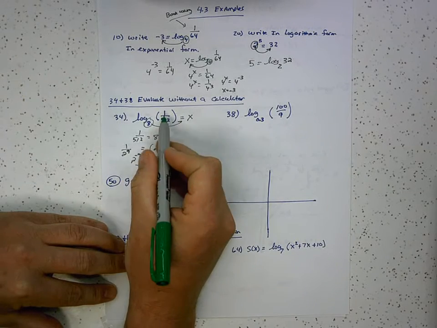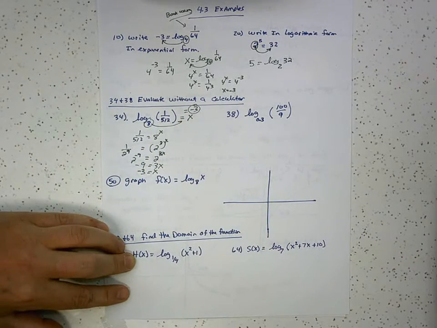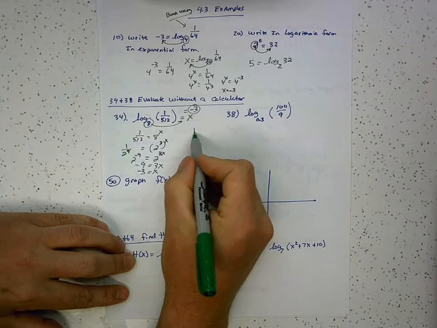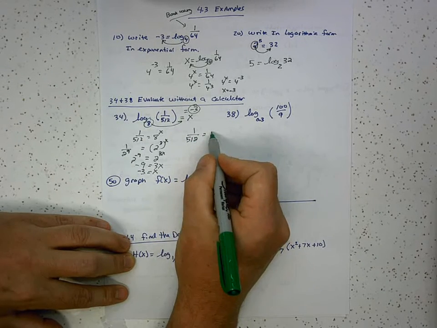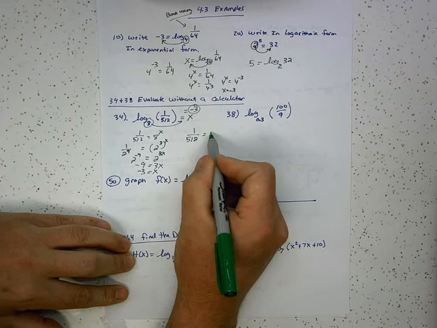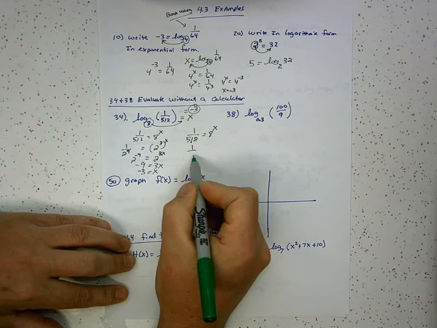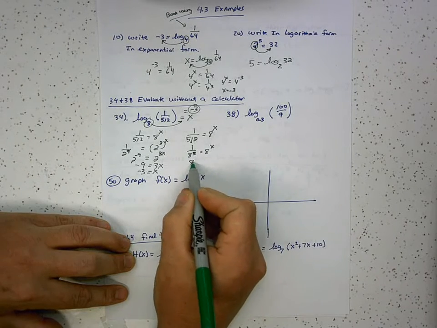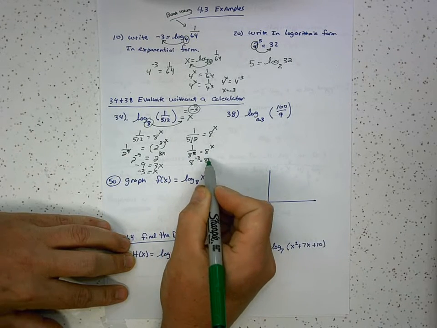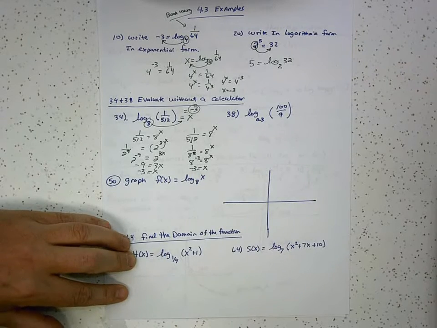So log base 8 of 1/512 is equal to negative 3. Now if you do see it and know that 512 is 8 cubed, it's a little bit faster, but we do get the same answer.